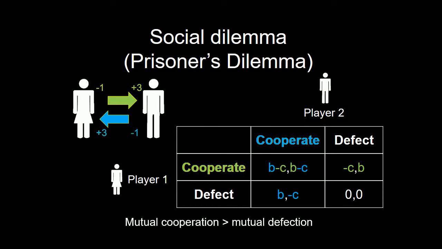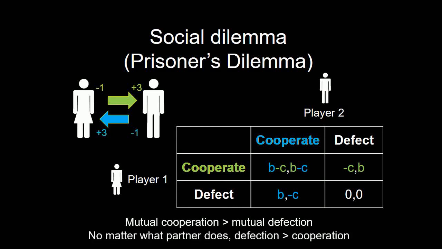And so this is what makes this really interesting, which is despite the fact that mutual cooperation is better than mutual defection, no matter what the other person does, you always individually earn more by defecting than cooperating. Because, taking the perspective of player 1, if player 2 cooperates, cooperating gets you B minus C, and defecting gets you B.